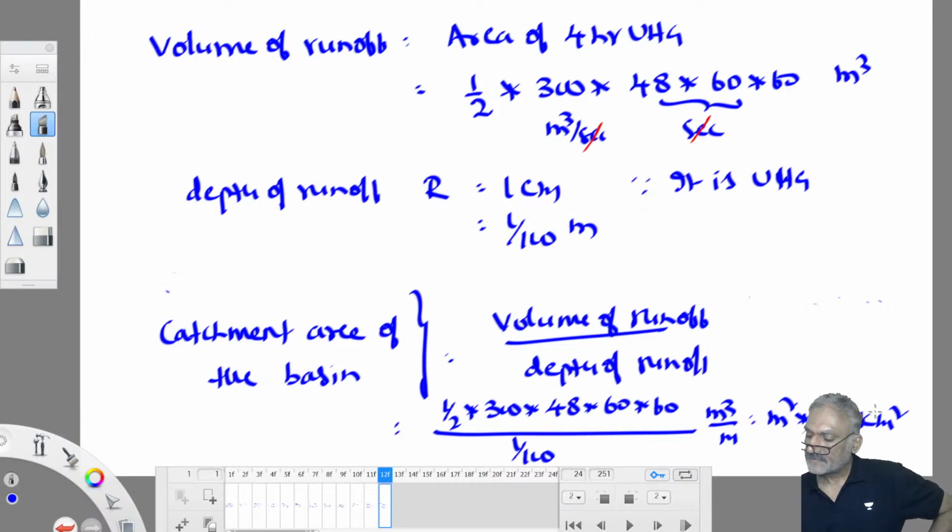It is 2592 kilometers square. Deepak has given 5184. That is a wrong answer, no Deepak? It is 2592 kilometers square.